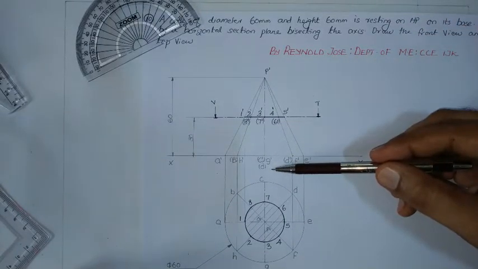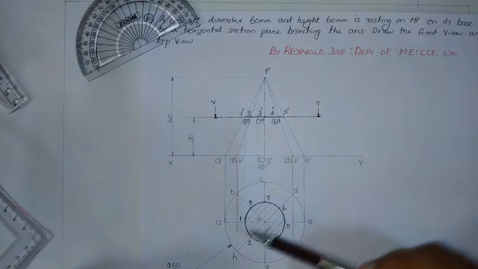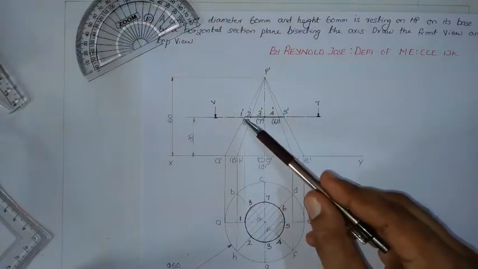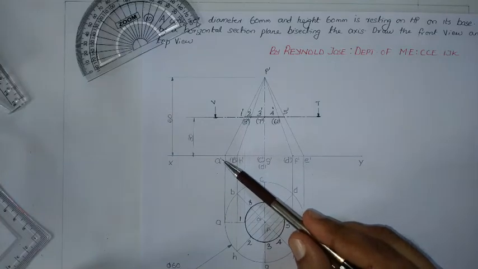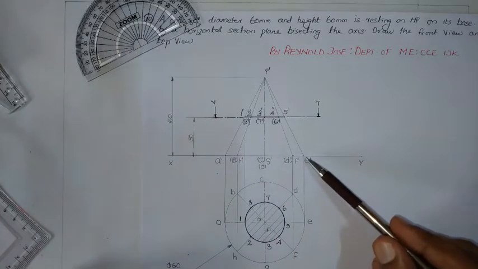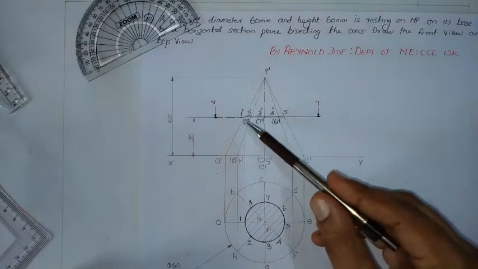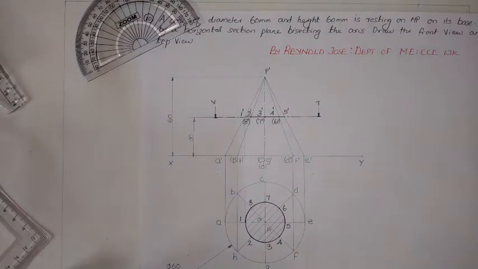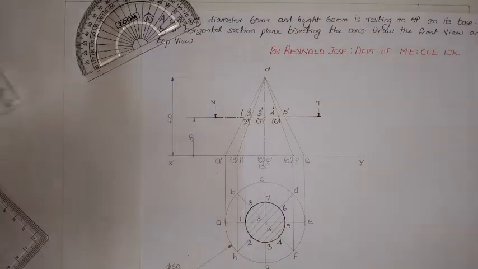As this is a cone, it doesn't have any edges. So we are supposed to draw only the outline of the front view. So what is the outline of the front view? It is 1'A', A'E', E'phi' and phi'1'. We shall draw it using thick lines.